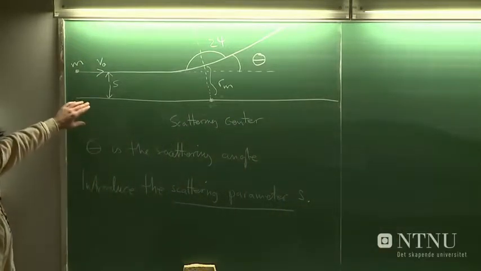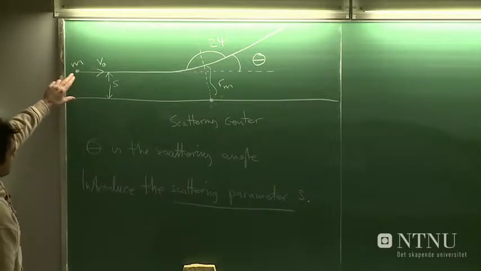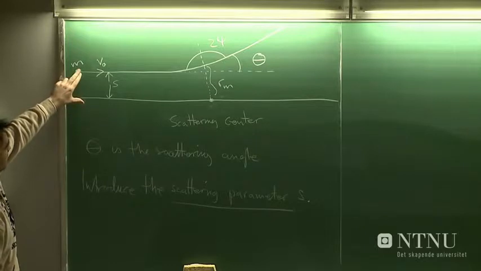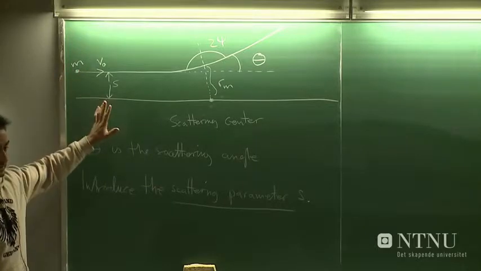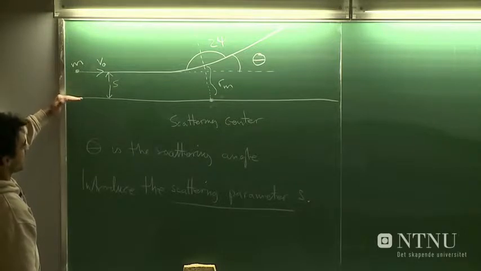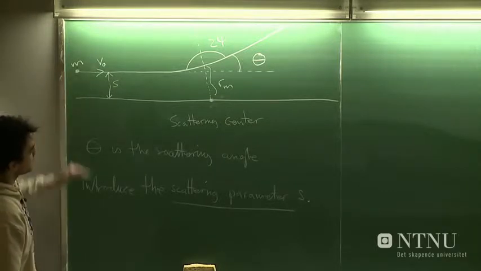Depending on the distance here, we have different s's, different scattering parameters. That gives us a way to classify the incoming trajectories.